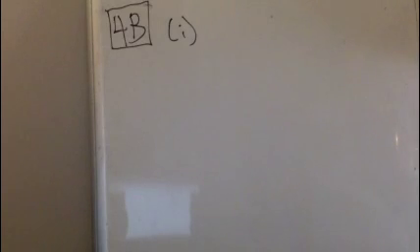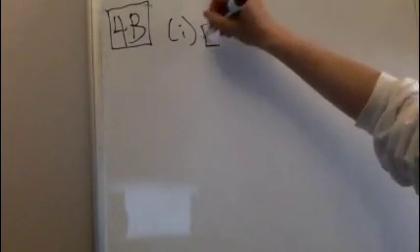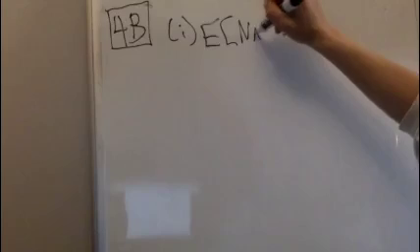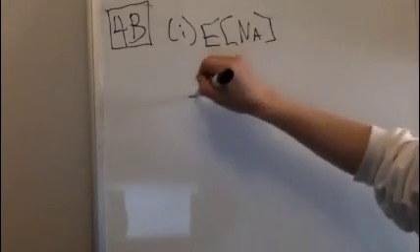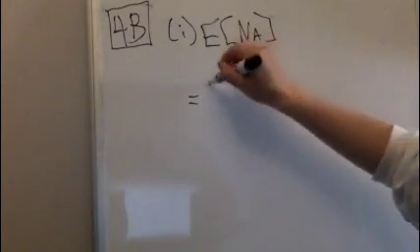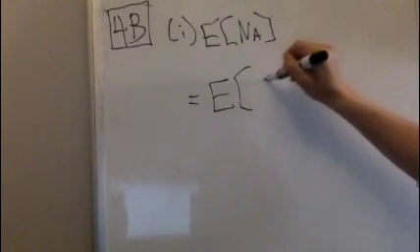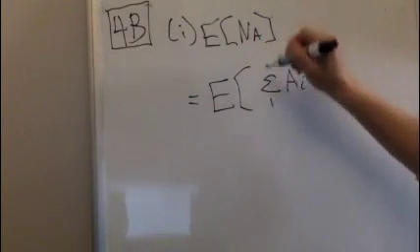So for 4b, the first part is asking to find the expectation of NA, and they define NA equals the sum 1 to 500 of AI.